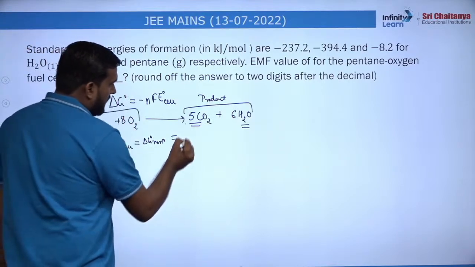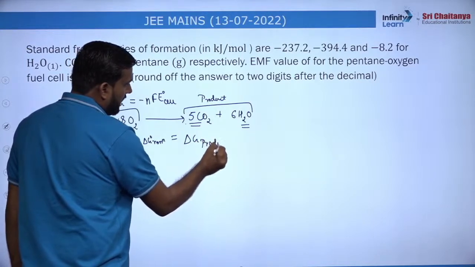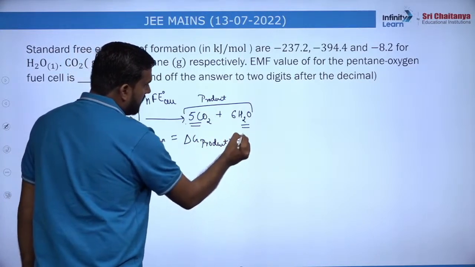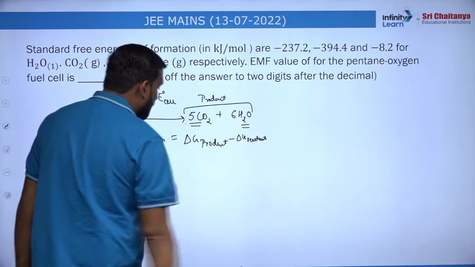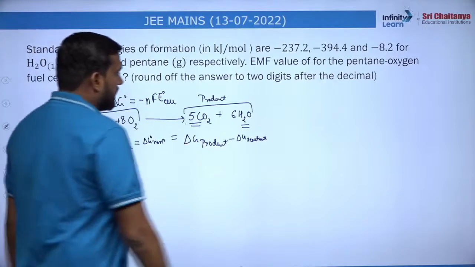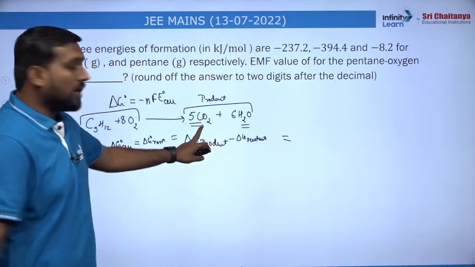So it will be delta G of the product side minus delta G of the reactant side. This is just the thing you have to do. And what is the delta G of the product? Let's write this down. How many moles of CO2 are there? 5.